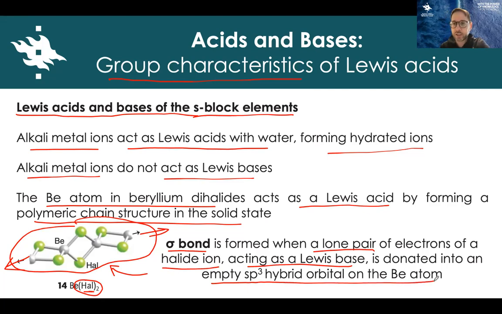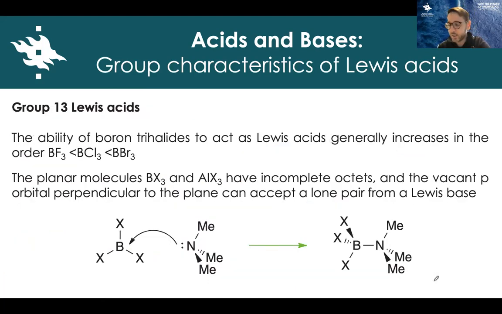So the beryllium atom acts as a Lewis acid, receiving the electron pair from the halide ion acting as the Lewis base. So now group 13, which is the group for boron, for example.